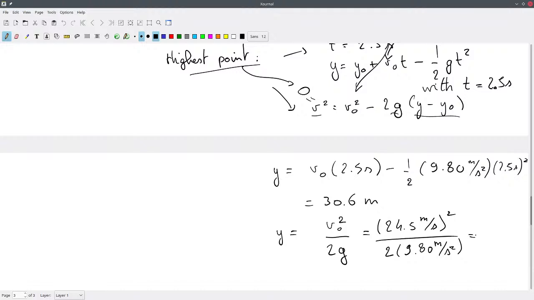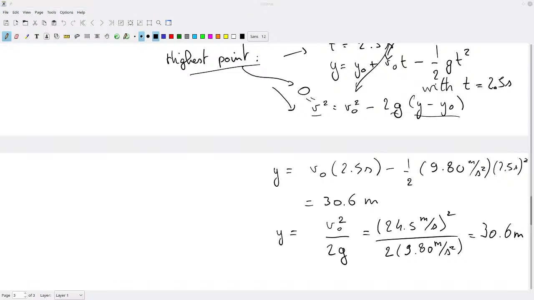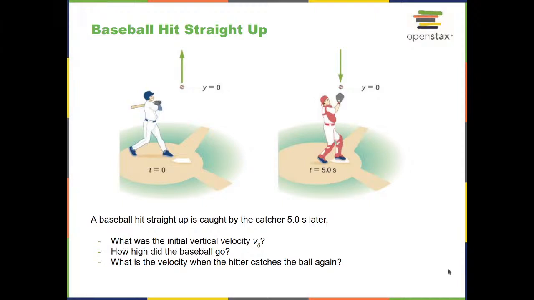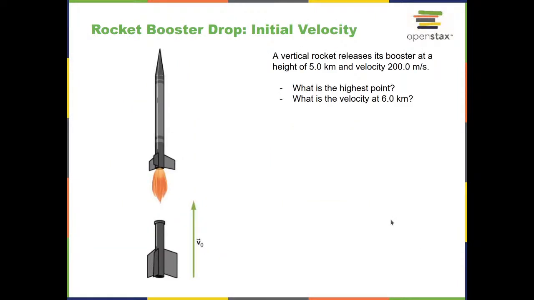And if we plug in the numbers here, we'll find out that this is exactly, of course, 30.6 meters as well. So of course, in a surprise to no one, if we calculate the same thing using two different approaches, we find the same value. Okay. So let's close out with that.